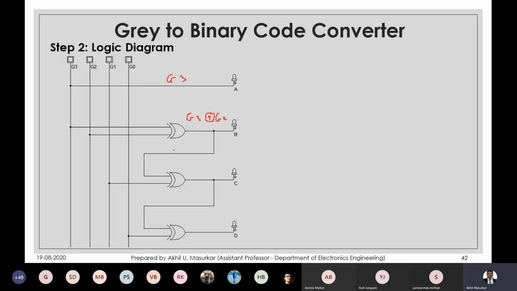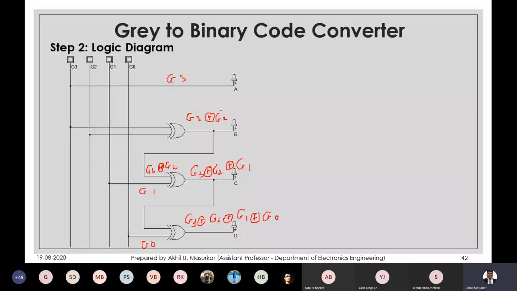So here also I will have G3 XOR G2, and from here what is coming is G1. So at the output I will get G3 XOR G2 XOR G1. Now this will come here, and from here what is coming is G0. So we can get G3 XOR G2 XOR G1 XOR G0.